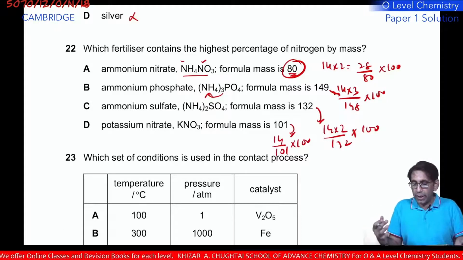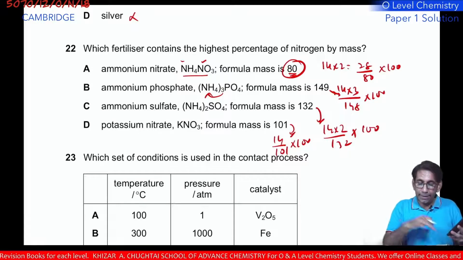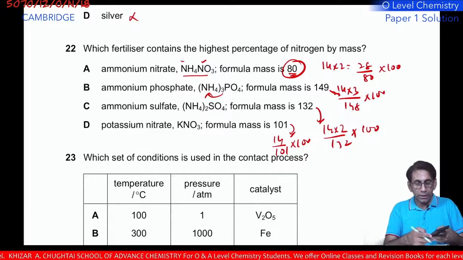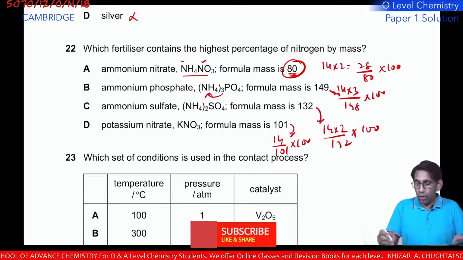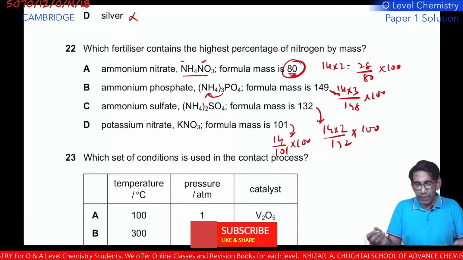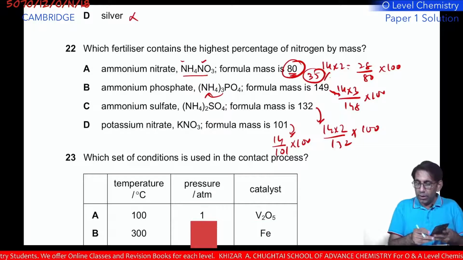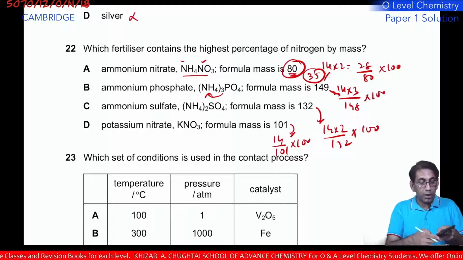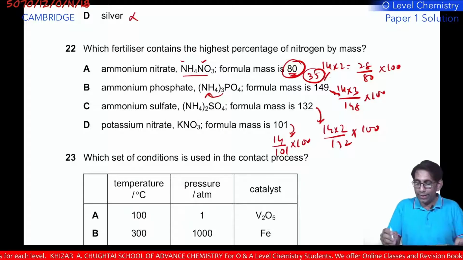So let me calculate the highest percentage by mass. 28 divided by 80 multiplied by 100. However, there is no need to multiply; you can find the answer without multiplication by 100. So the first one has 35%. The next one, 14 into 3 divided by 148 multiplied by 100, and the answer is 28.